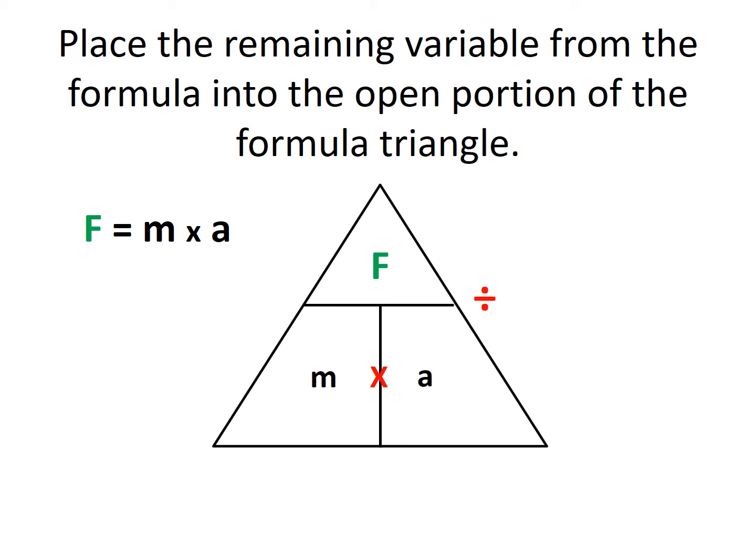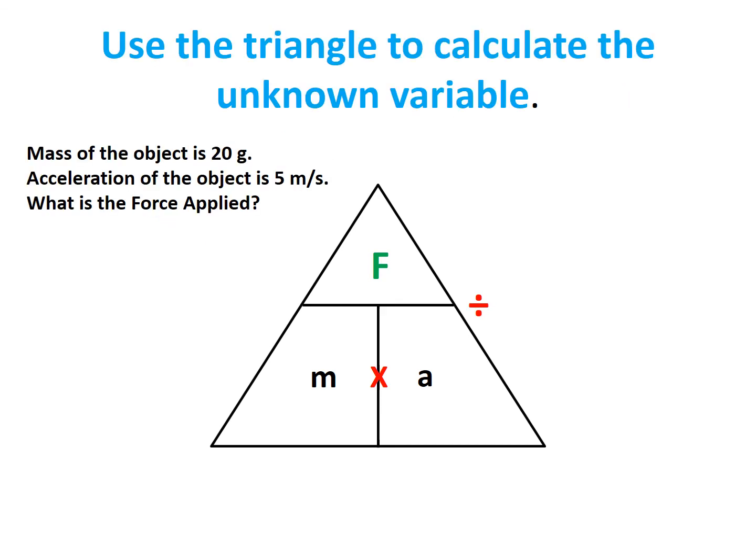But let's say you have the acceleration and you have force. Well, if you don't have mass, it tells you force divided by acceleration gives you mass, that's why the division sign is over here. So in other words, this formula triangle is going to allow you to manipulate the formula to calculate anything, whether you need mass, acceleration, or force.